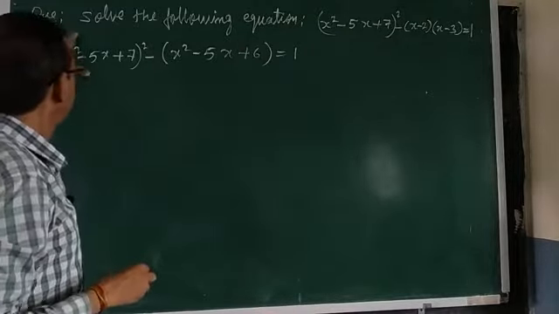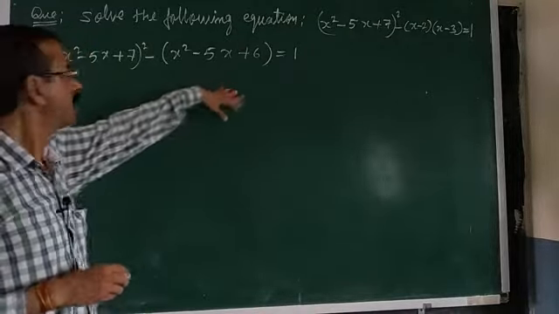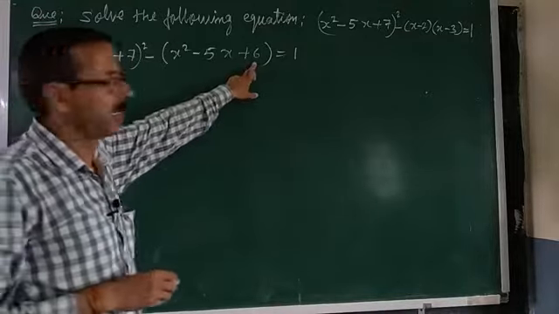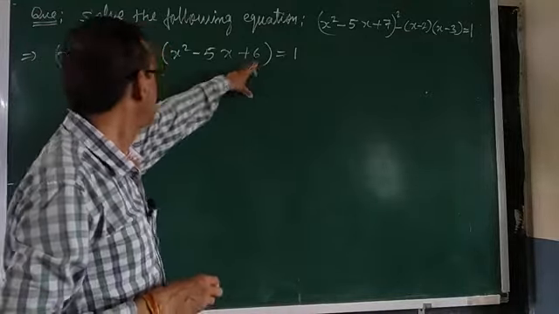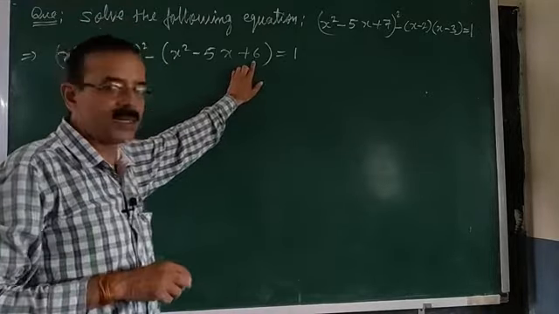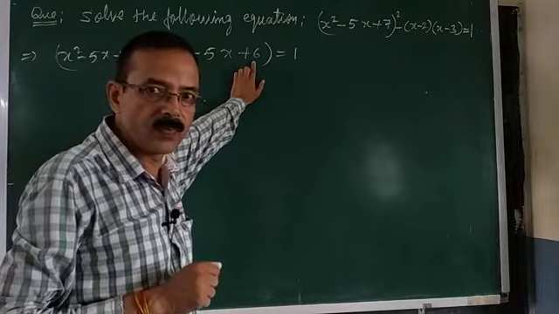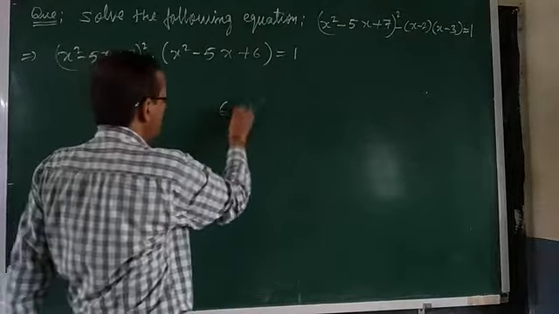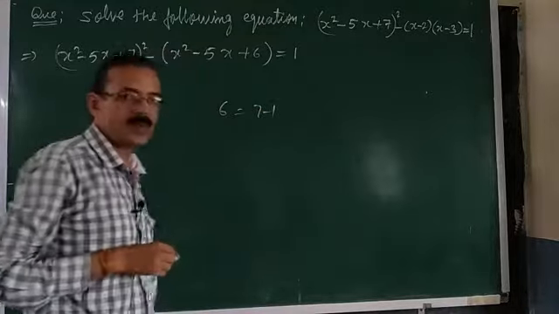Then see, are these both equal? No, not the same. These two are the same but these are different. So we have to arrange this 6 in the form of 7. कैसे arrange करेंगे? This 6 we can write as 7 minus 1. If we write 6 as 7 minus 1, any problem? No problem.